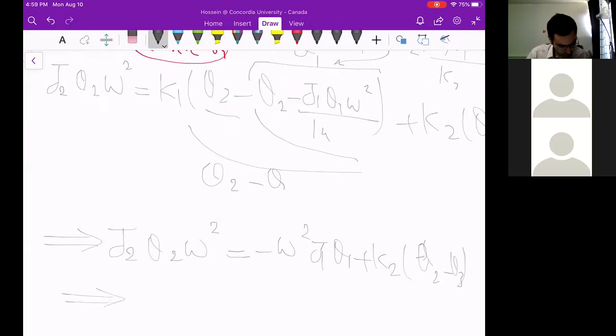Therefore, we are trying to isolate theta 3 from this equation.